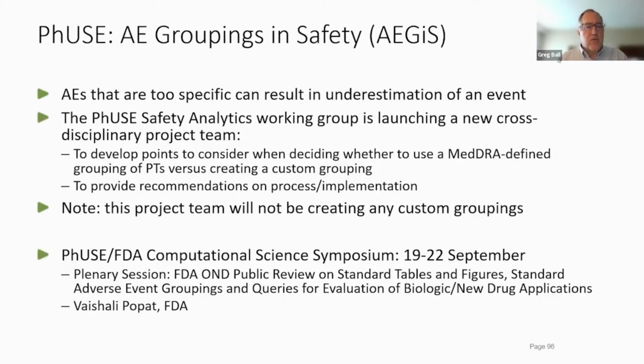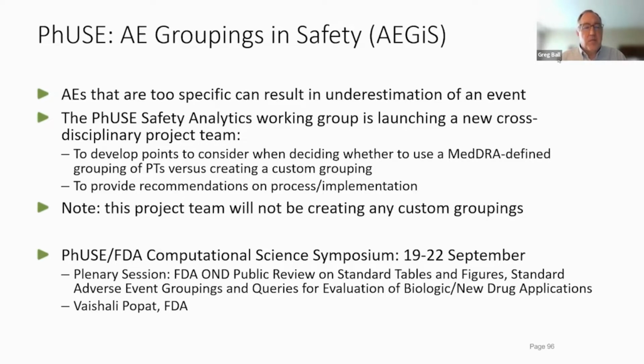So recently we formed the Aegis project team in FMQs, which stands for AE groupings and safety. As has been well documented by speakers before me, AEs that are too specific can result in underestimation of an event.